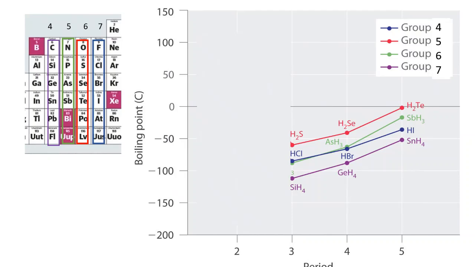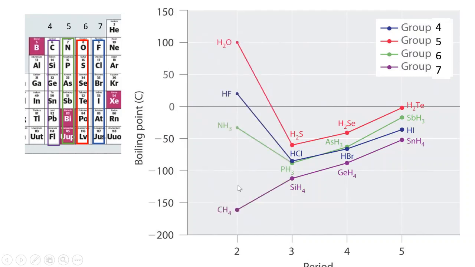So what I'm missing off here, and you may have seen it when I flipped the slide too far ahead, where would you expect the hydrides of carbon and nitrogen and oxygen and fluorine to be? Well, being at the top of the group, not having many electrons, I'd expect them to be even lower. So I'd expect them to be somewhere down here. Okay, let's have a look. All right.